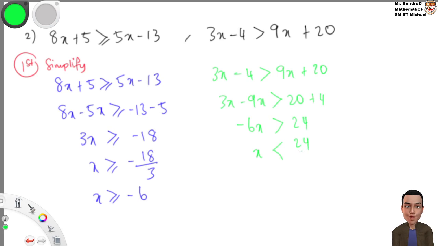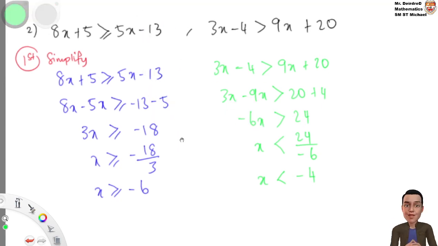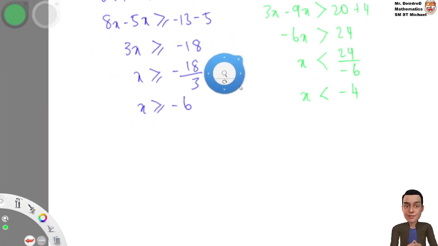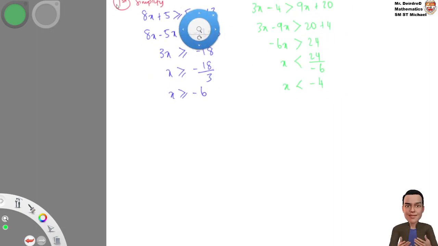So 24 over negative 6, x is less than negative 4. So this one is the simplest form for both inequalities.